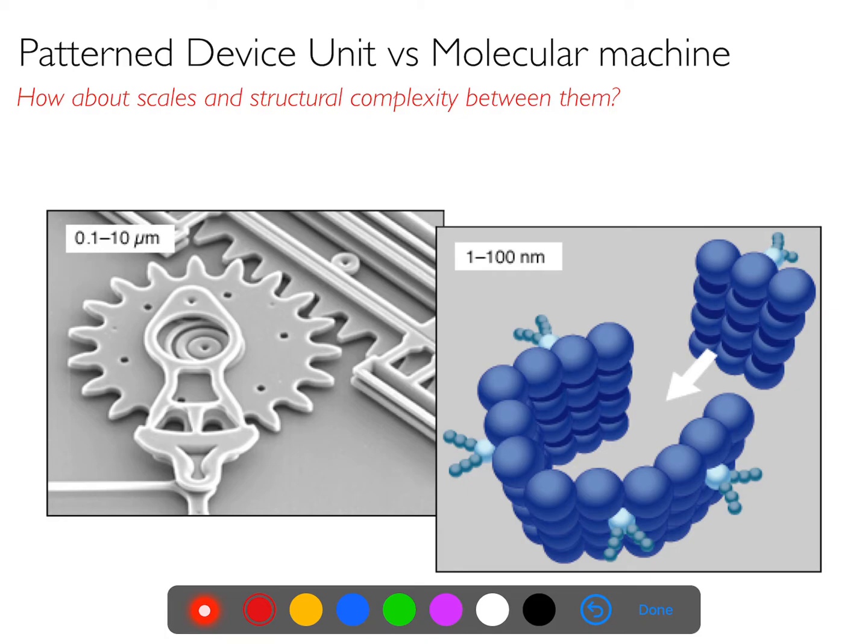Okay, so the left panel in this slide is a representative example of the most complex structure which would be accessible with the conventional lithography method. But the structural complexity and the resolution of this lithographically defined structure cannot be matched with what the naturally occurring material can achieve. Naturally occurring creatures can achieve.